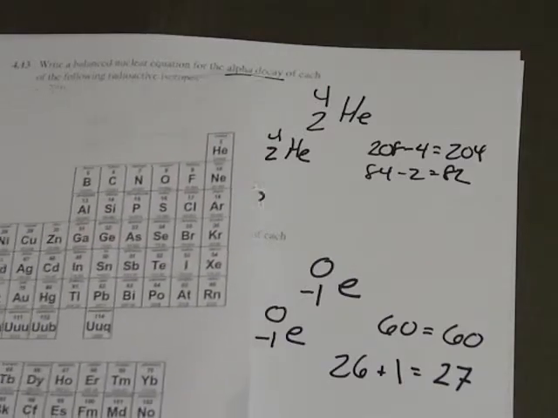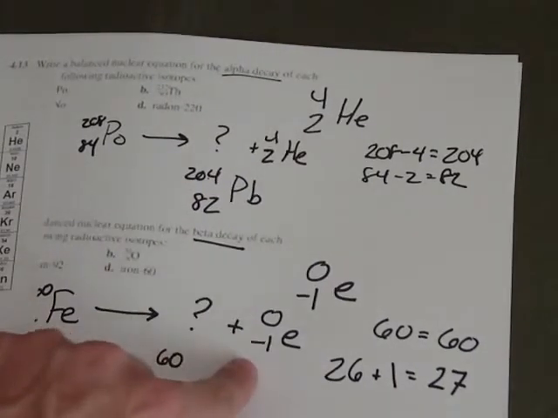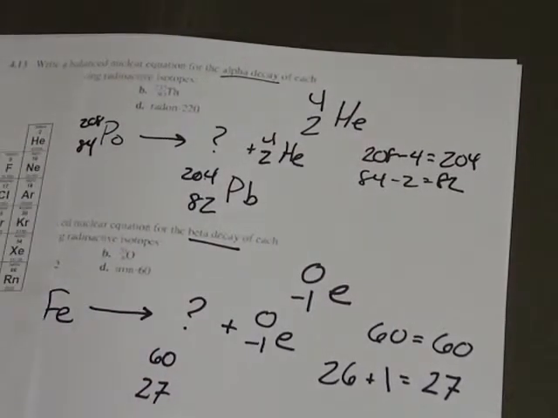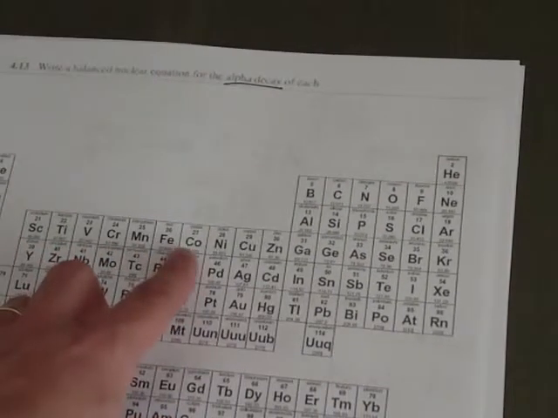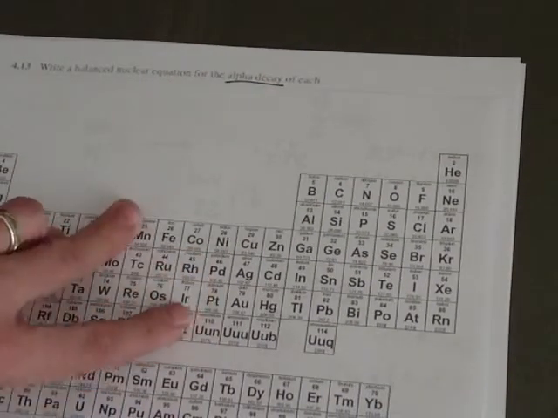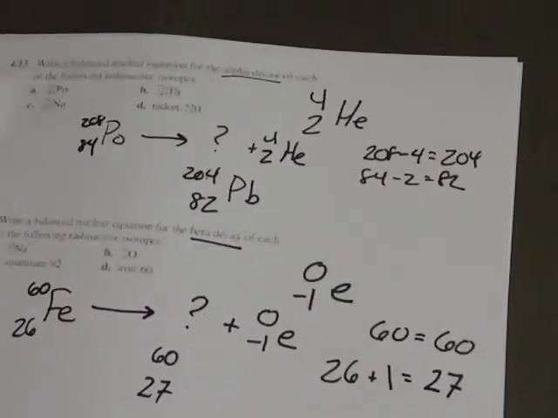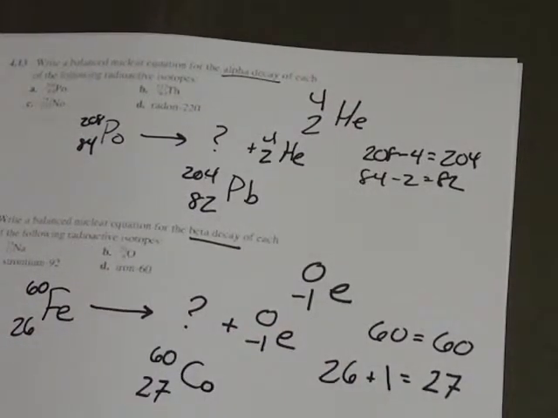Because 27 minus 1 would be 26, which equals that 26. We go to the periodic table and find 27, and it's cobalt. So it's cobalt 60.